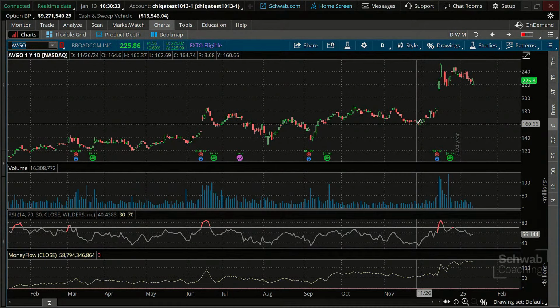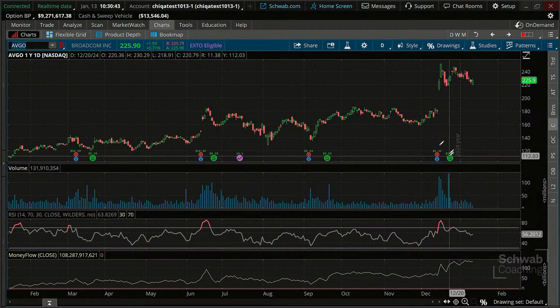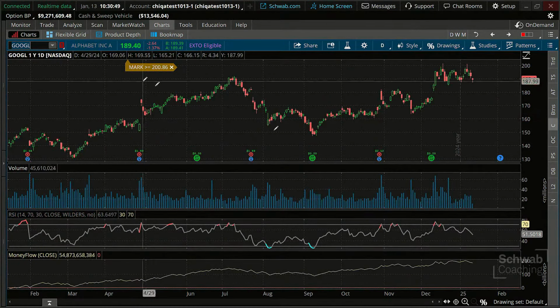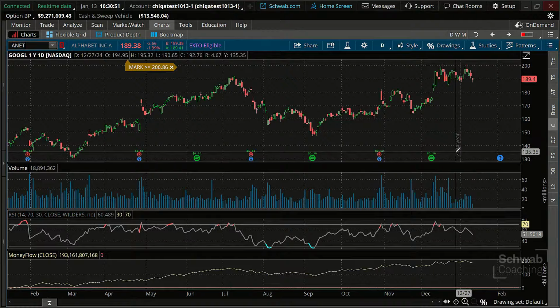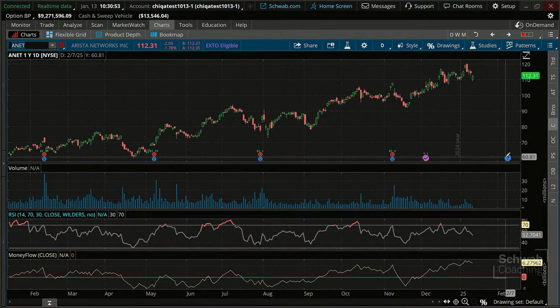As we go through and we're kind of trying to organize, hey, which trade would we select? Google had earnings coming up, whereas we don't have that issue with AVGO, right? Right over here. ANET would have earnings as well. So that's a consideration now for some traders that are fine.